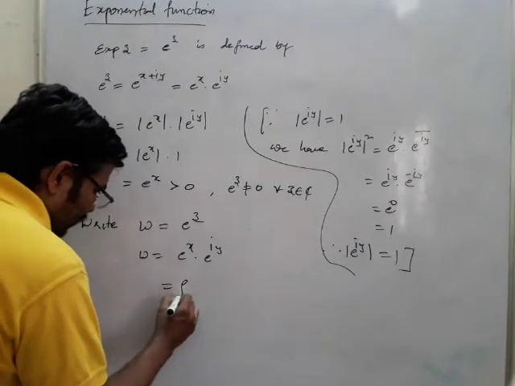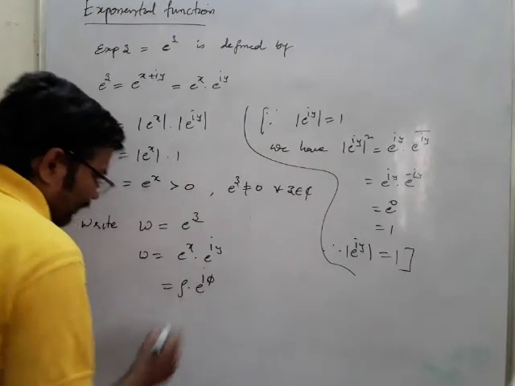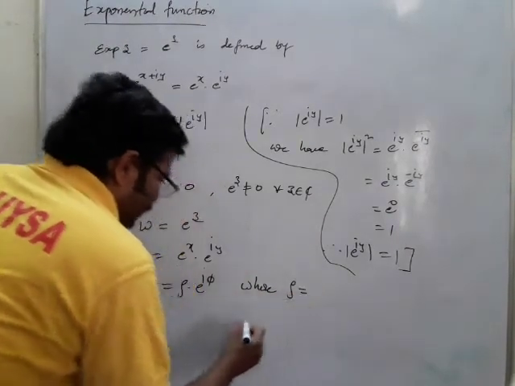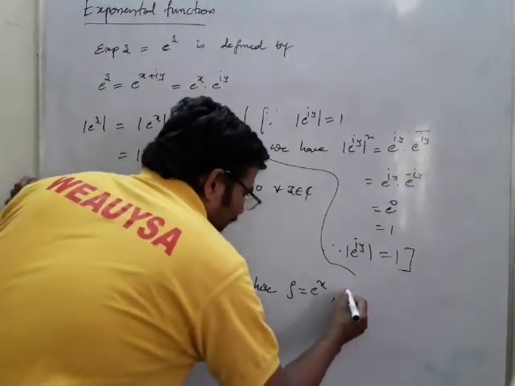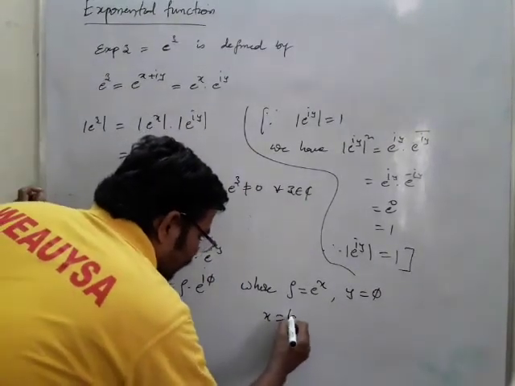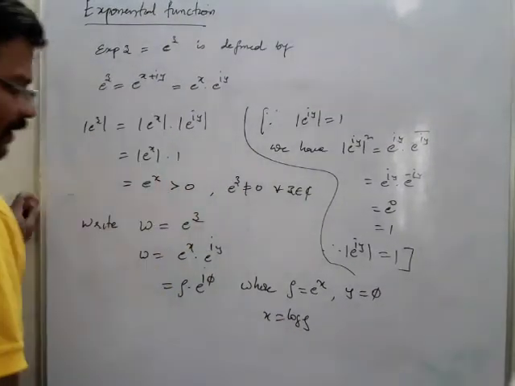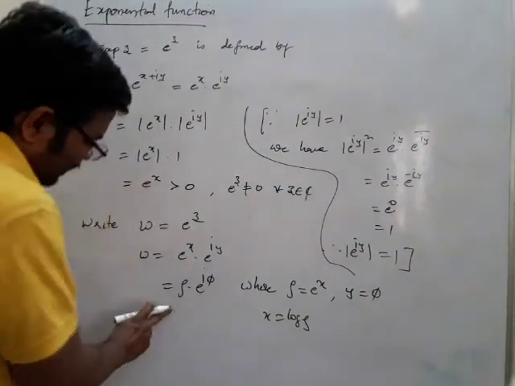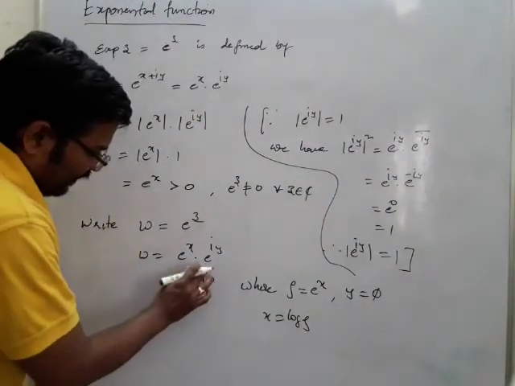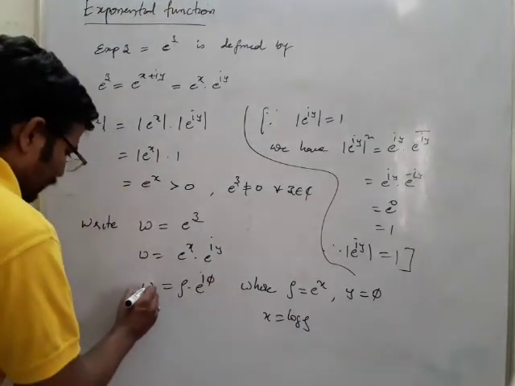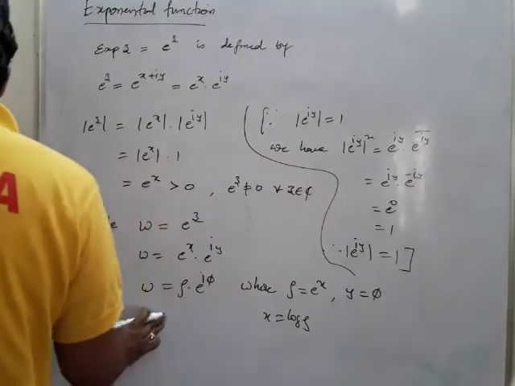Now that is equal to rho into e power i phi, where rho is equal to e power x and y is equal to phi. So from here x is equal to log rho, and y is nothing but equal to phi. Now what we got is rho into e power i phi. This is nothing but w.